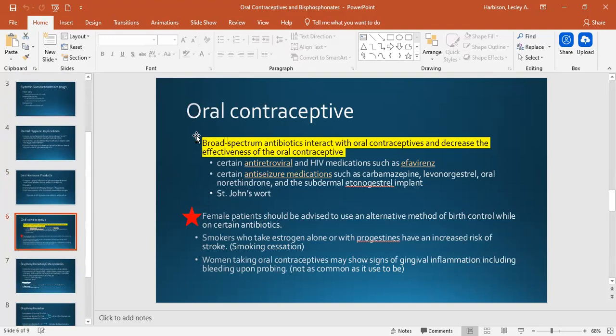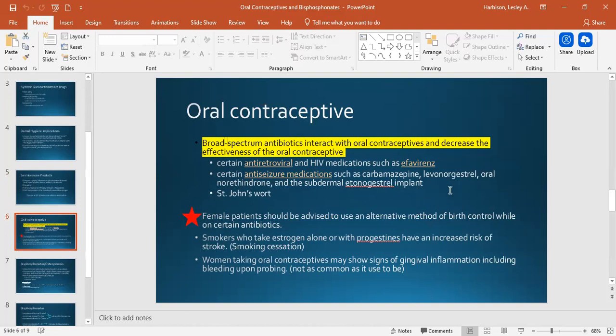Broad spectrum antibiotics interact with oral contraceptives and decrease the effectiveness of the oral contraceptive. Certain anti-retroviral and HIV medications, such as ephedrine, and certain anti-seizure medications, such as carbamazepine, also interact.